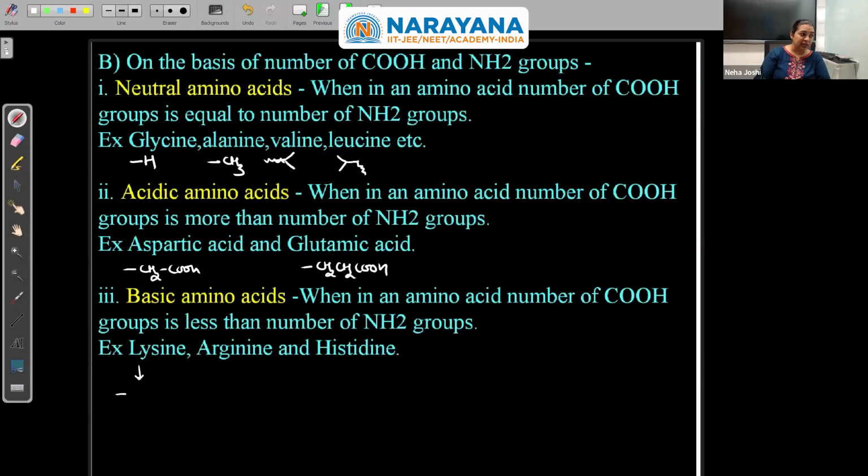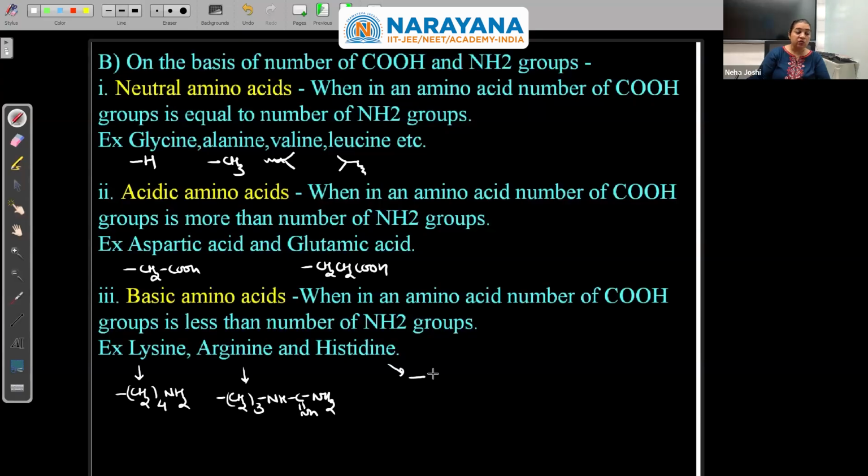Basic amino acids, repeat, again repeat. Yes, I know I am repeating it a number of times. Intentional it is. Lysine. In arginine, it was three times CH2, and then comes NH, double bond NH2, the guanidine group, highly basic.